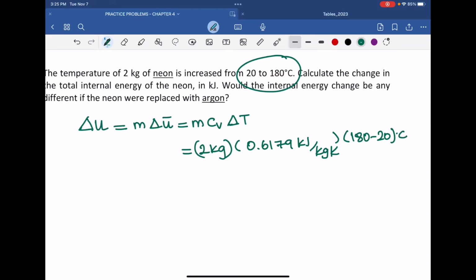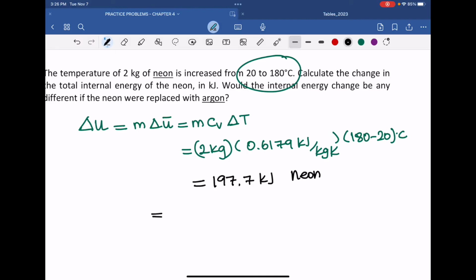Okay, so with that, if you do the calculations, you should find this to be 197.7 kilojoule.